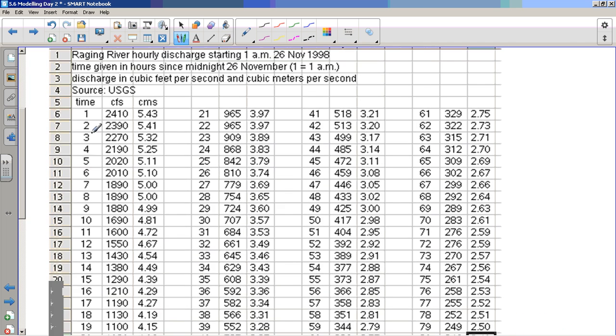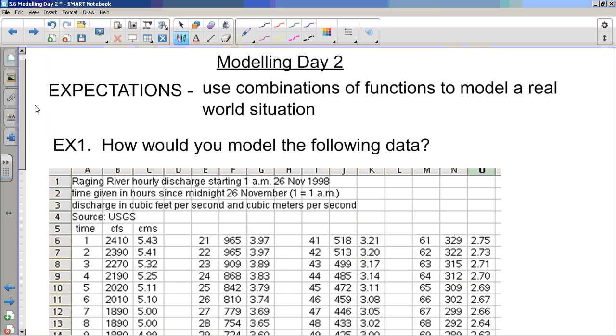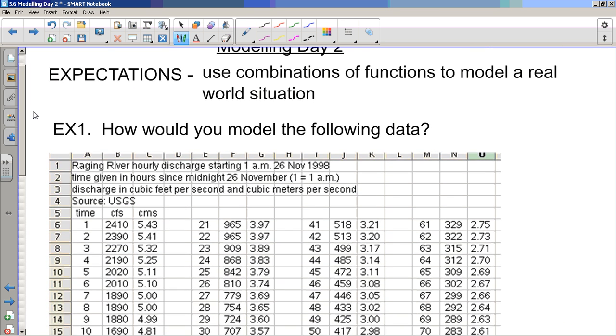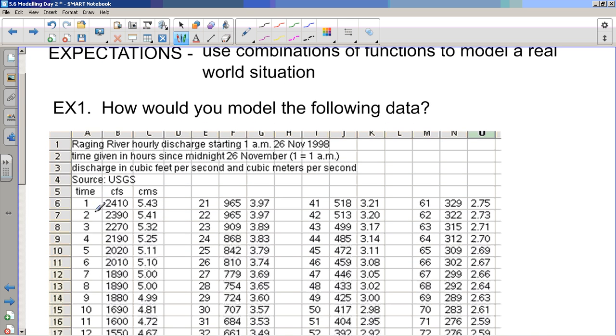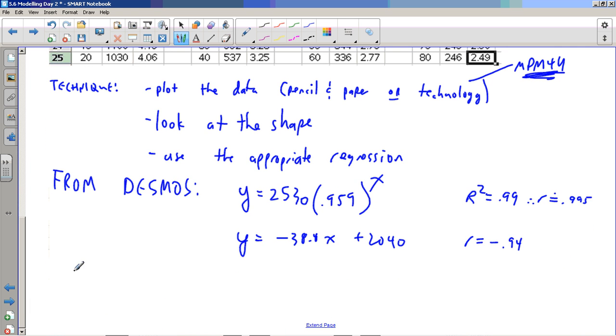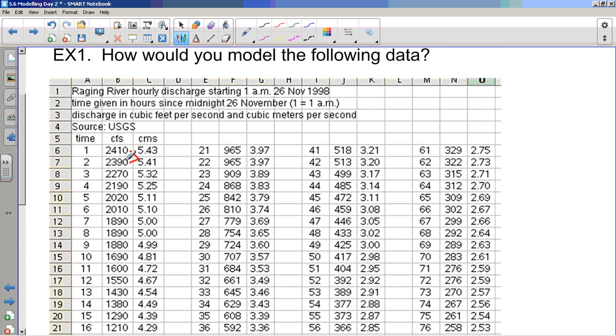Well, I could have had my starting time as 1 minute after midnight or whatever, hours after 1 o'clock here, and then my starting value, my C value, could have been 2410, and then for my A value, my base, well, I could just find these ratios, right? I just go that divided by that, that's 0.992, that divided by that, and I got all these calculated beforehand. Let me just look them up here.